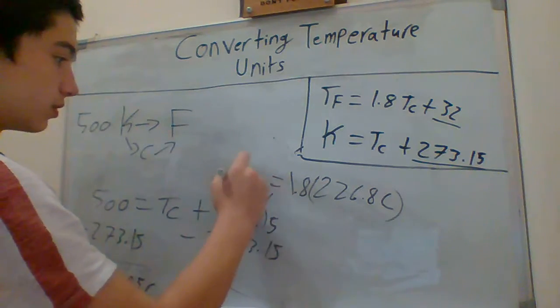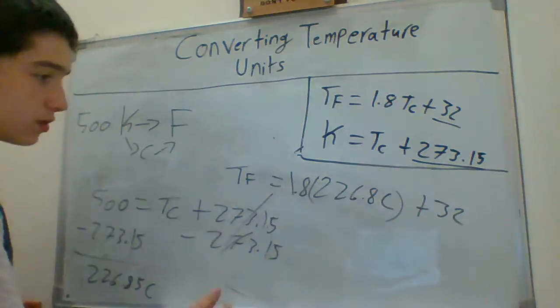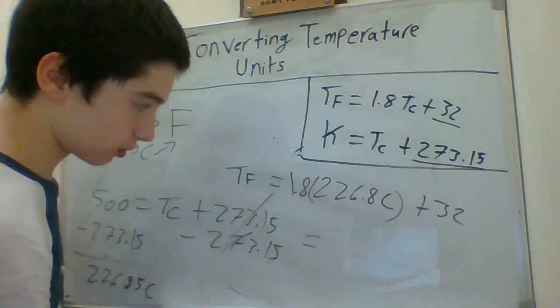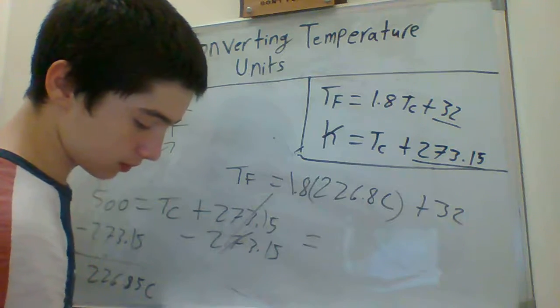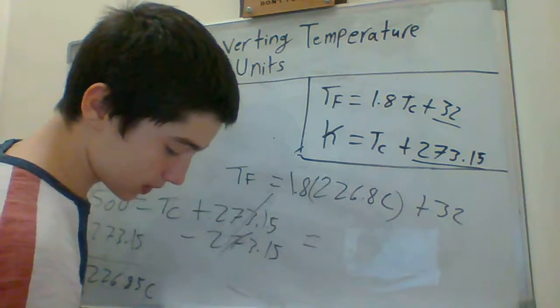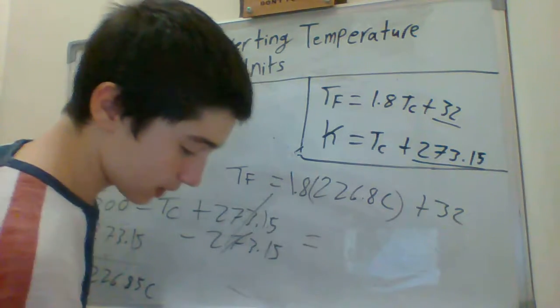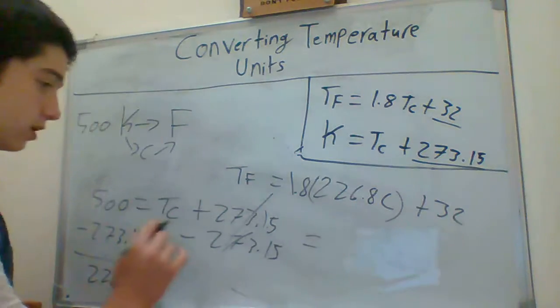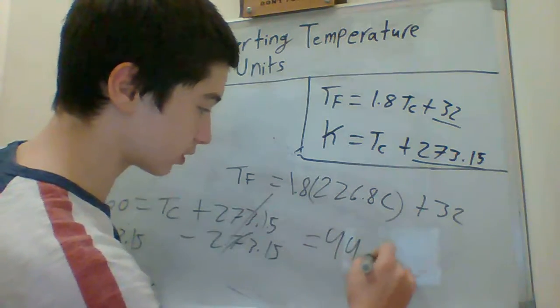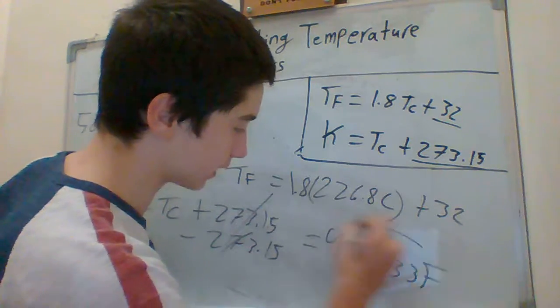So that will equal TF plus 32. So let's do the math. After doing the math, what's the answer? It's going to be 1.8 multiplied by 226.85 plus 32, and that will equal 440.33 Fahrenheit.